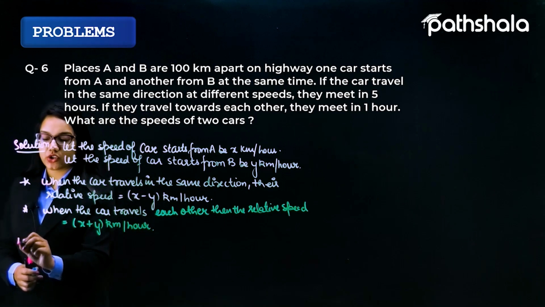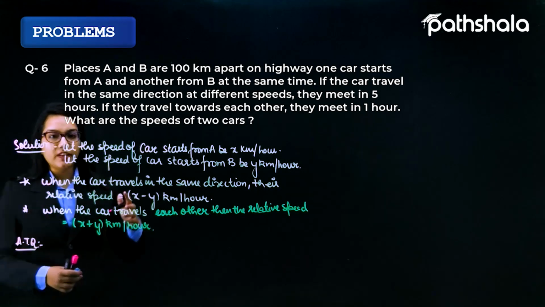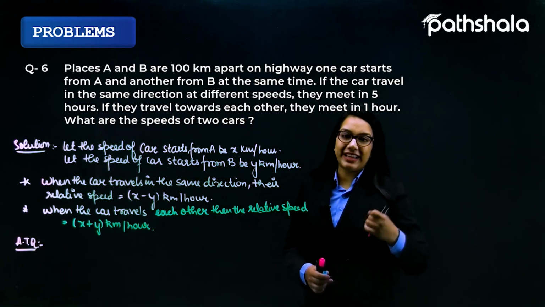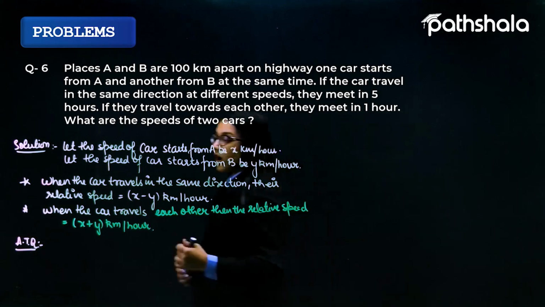So according to the question, if the cars travel in the same direction at different speeds, they meet in 5 hours. Means the time mentioned to us is 5 hours.